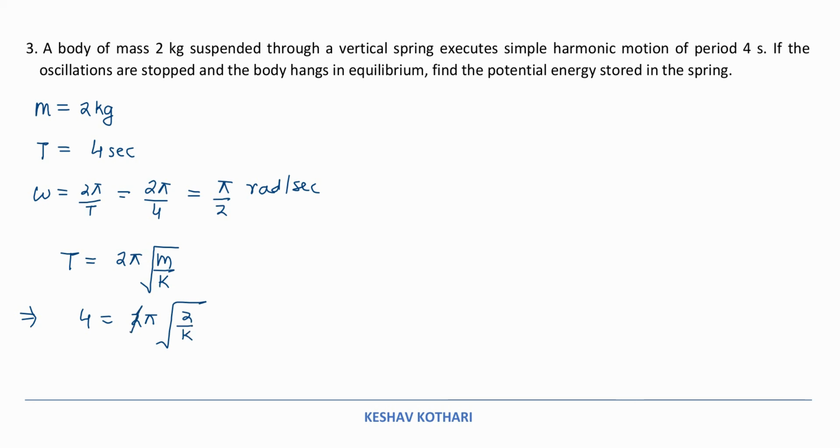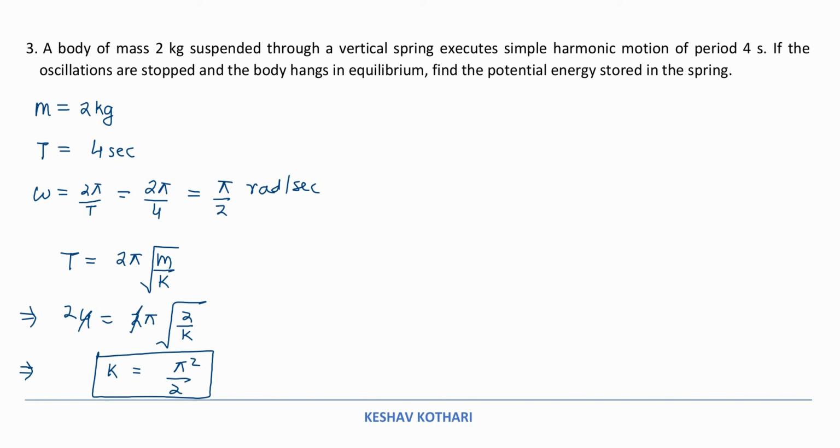So we can cancel this out and we attain the value of k as pi square by 2 Newton per meter. The problem is asking us to calculate the potential energy when the oscillations are stopped and the body is hanging in equilibrium.